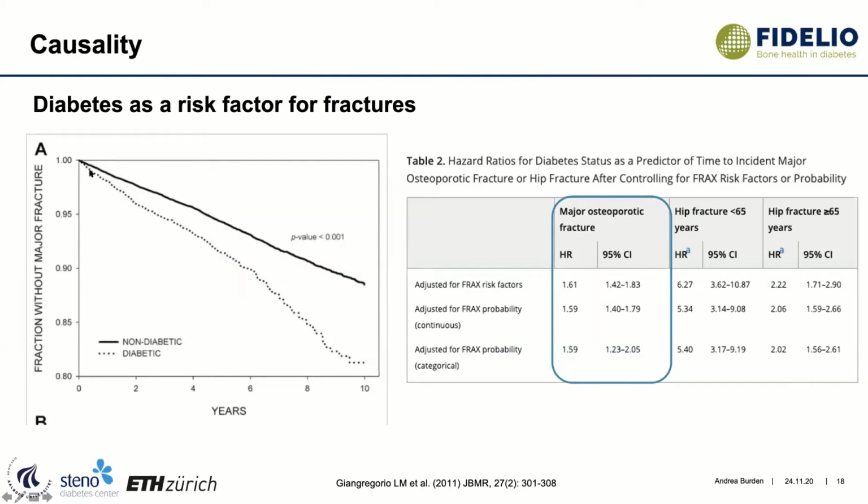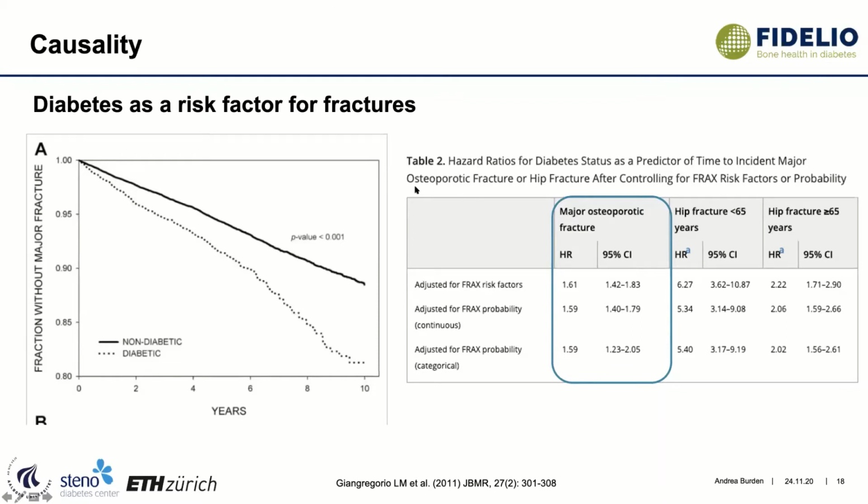And on the left-hand side, we can see their figure where the solid line are the non-diabetic patients, the dotted line are the diabetic patients, and on the y-axis, we can see the fraction without a major fracture. So over time, we can identify that the diabetic patients had a higher fracture risk as they dropped off more frequently. So there were fewer patients without a fracture over time compared to the non-diabetics.